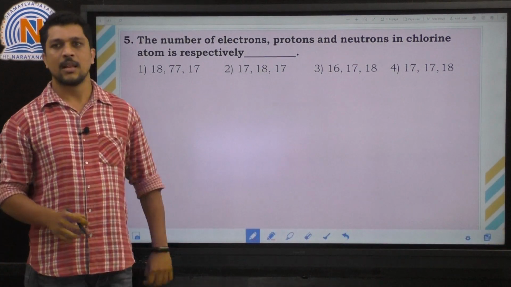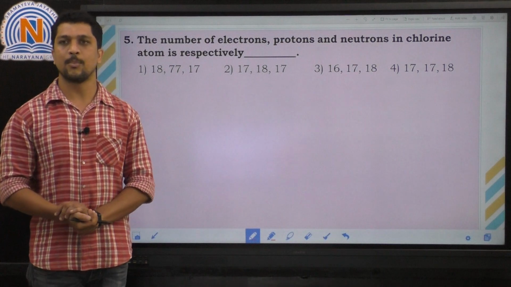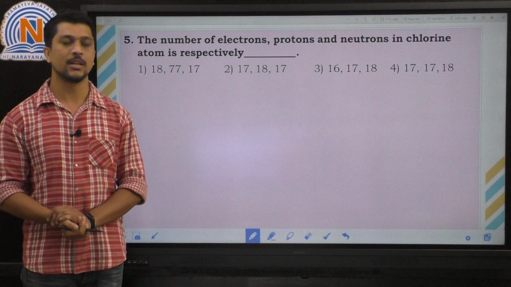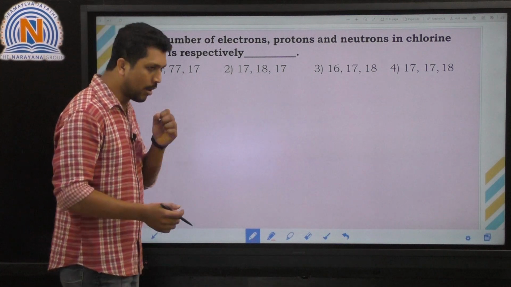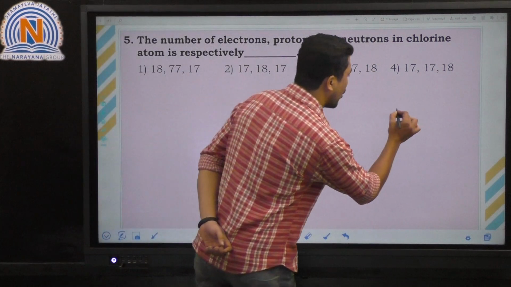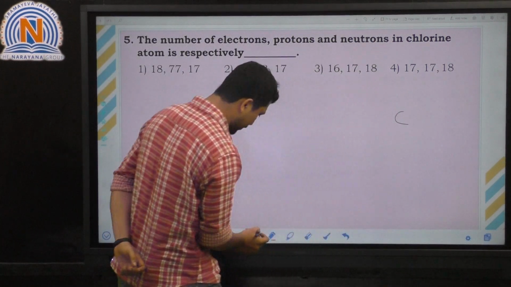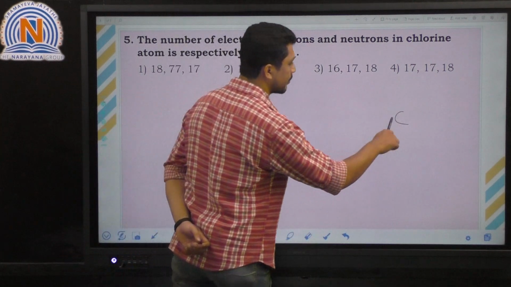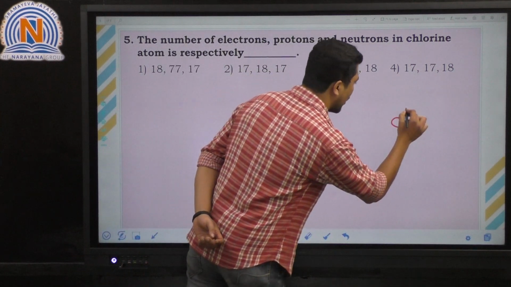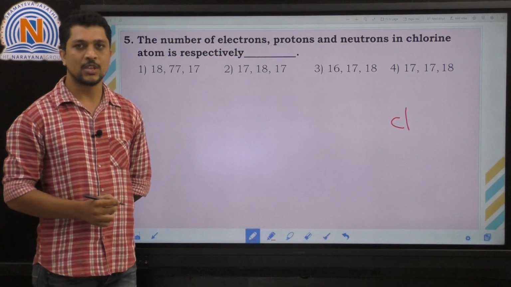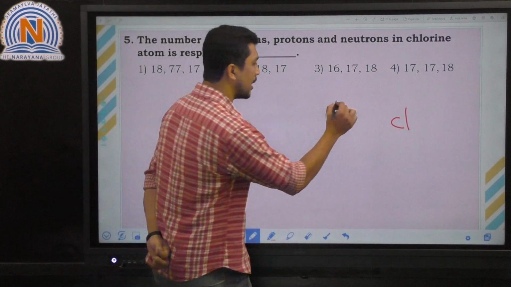Here the question, the number of electrons, protons and neutrons in a chlorine atom respectively, right? So chlorine's chemical symbol is Cl.